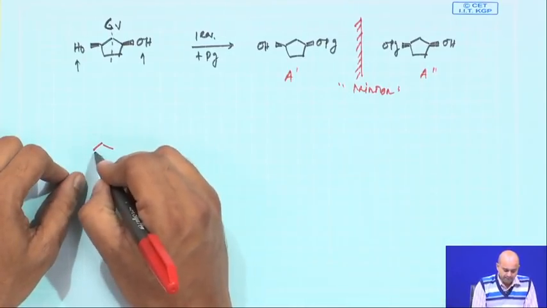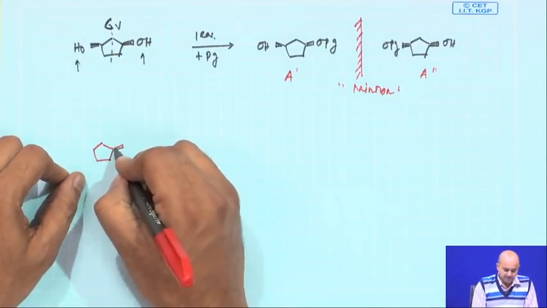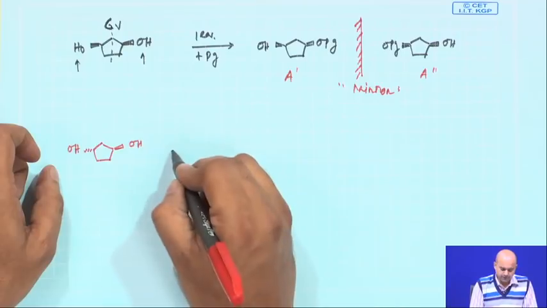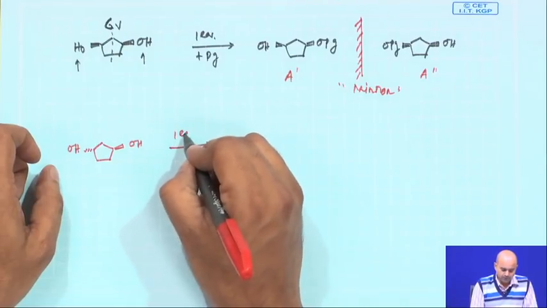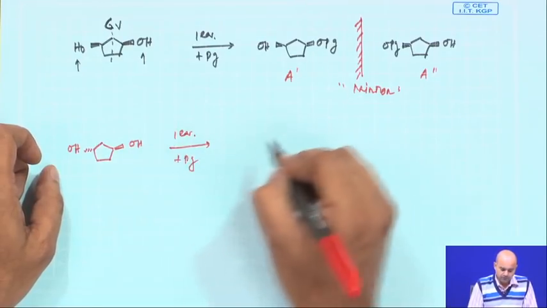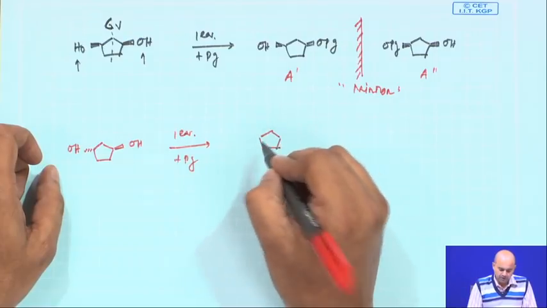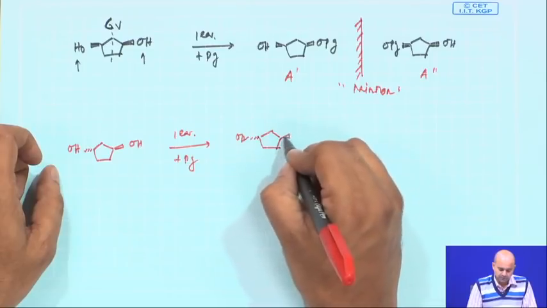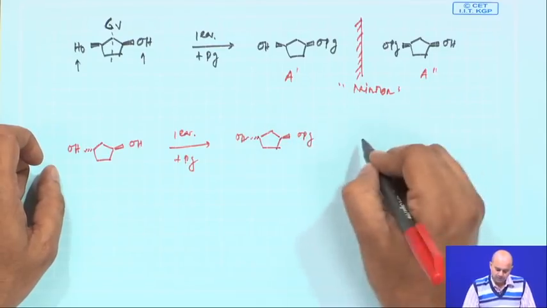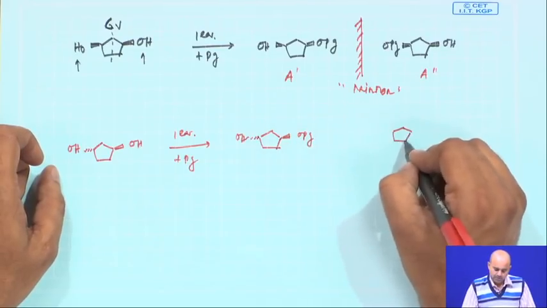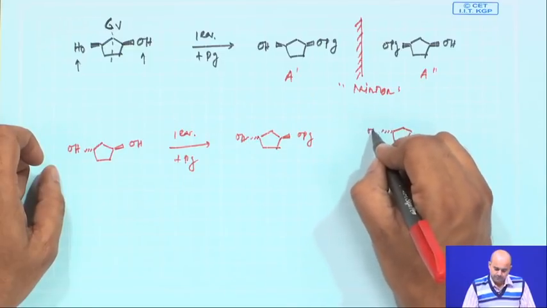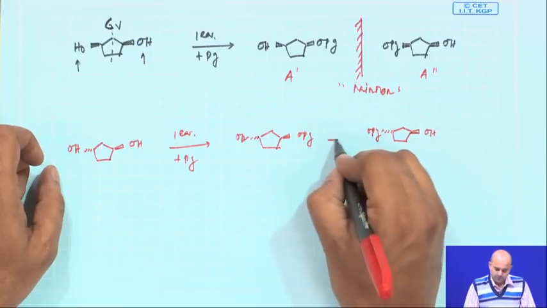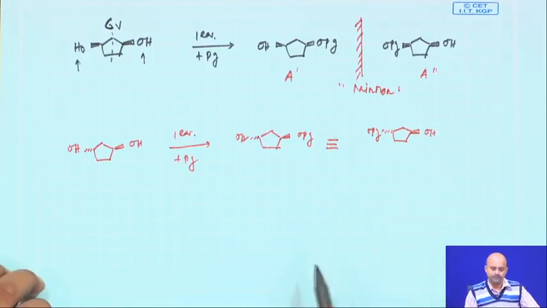On the contrary, in the other example which we explored earlier, if you take this compound, it will lead to only one compound. In principle, if you have this Pg and this OH, these compounds are essentially equivalent, the same.